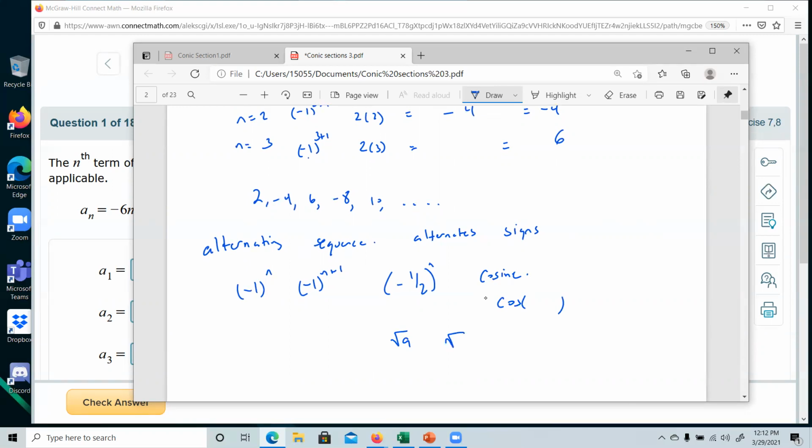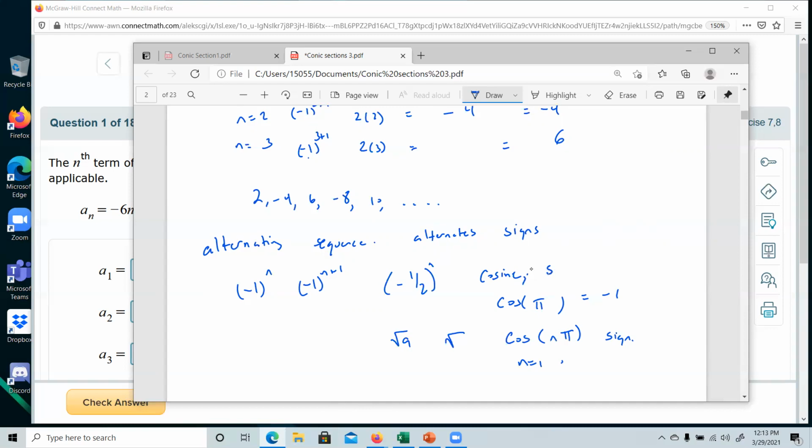So cosine of, say, pi, you'll learn this eventually when you get to trig. Cosine of pi is -1. For now, just take my word for it, or if you've taken trig, you know. But cosine of n pi as n goes from 1 to whatever is another way of alternating a sign, since we're talking about trig, rather than a sine, which is a different type of thing.